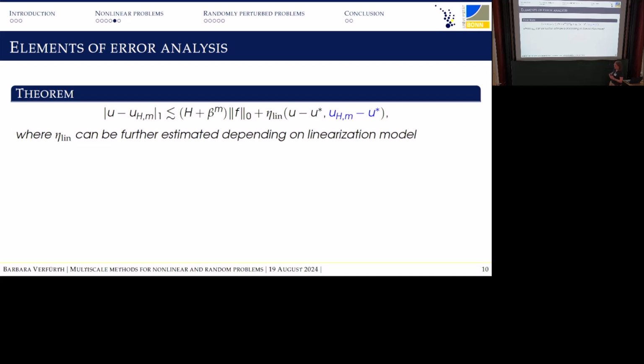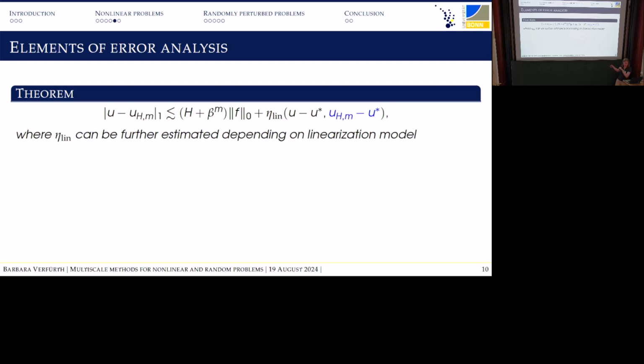In the H1 semi-norm, by the typical multiscale method discretization errors, we have linear convergence with respect to the coarse mesh size and some exponential decay in the patch size, as we've seen before, times the L2 norm of the right-hand side, plus some additional error, which I call the linearization error, and that typically depends on U minus U star.